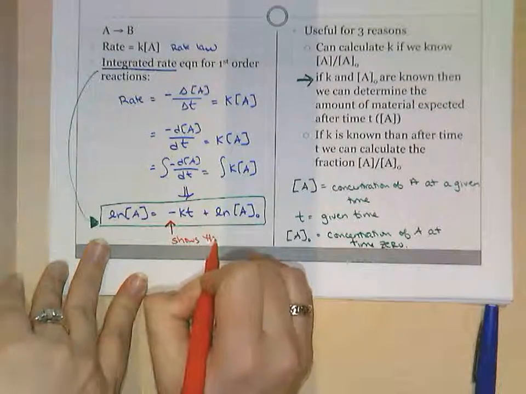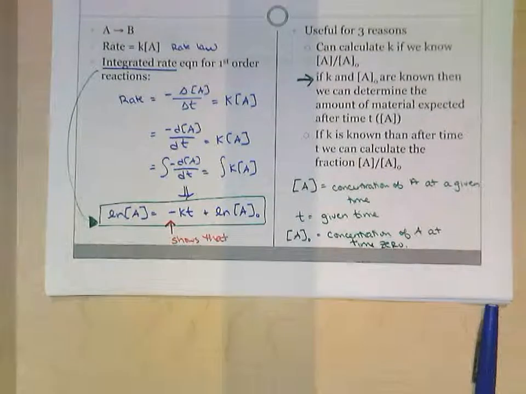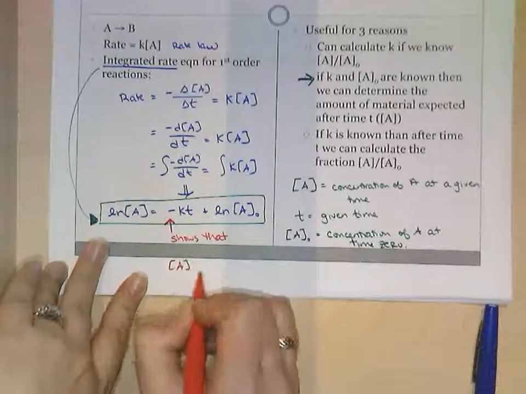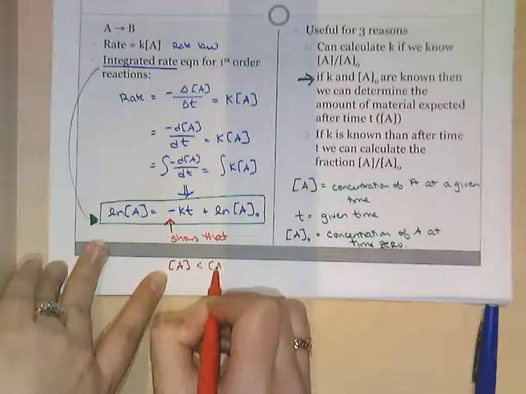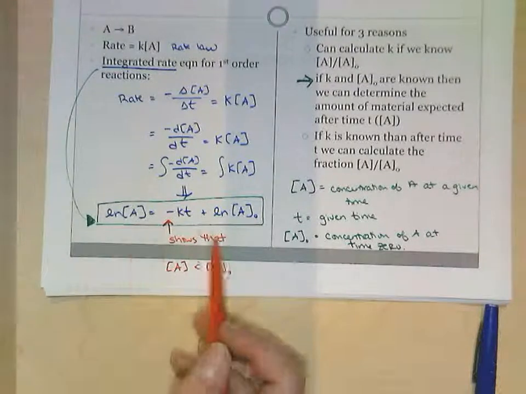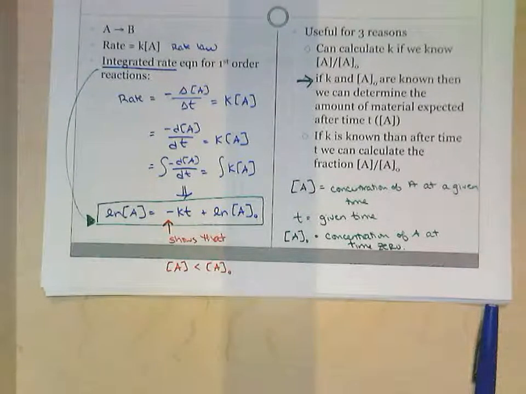After 6 hours, should there be more or less starting material? There should be less. That's what the negative sign shows you. The concentration of A has to be less than the concentration of A0. You have to have less on this side than when you started. So that's what that negative sign's in there for. That's why it's critical that you don't lose it. It'll mess you up.